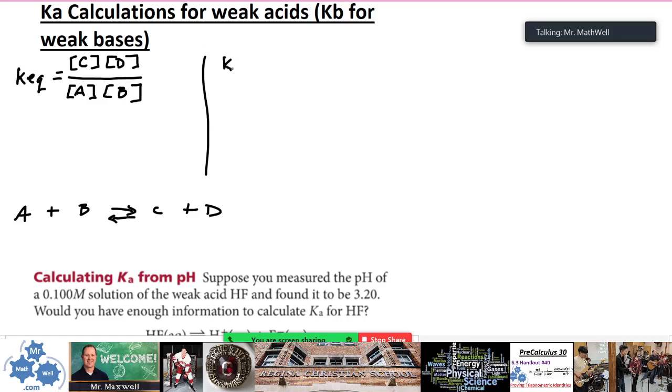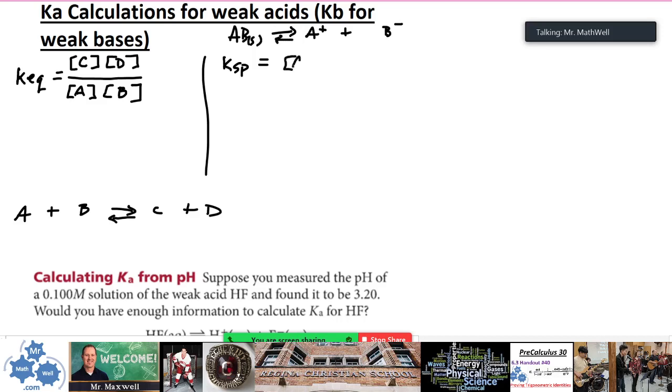Now, KSP is where we went next after that. And KSP would be more or less, let's say we have AB solid, and that dissolves to A plus and B minus. AB is just a solid, so we'll just go AB, A plus, B minus with the charges there. It's dissolving, and it's actually coming into equilibrium with its solid here.